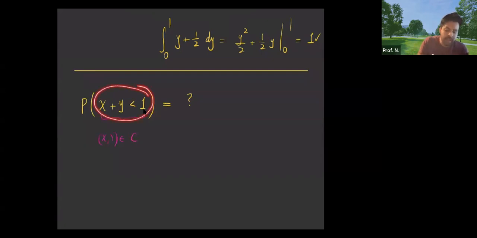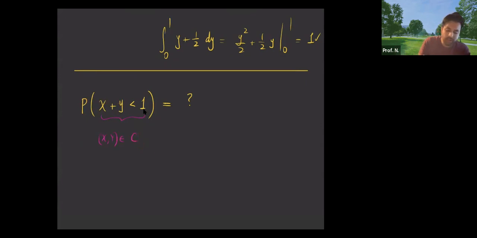We're speaking of a set that contains x and y values that when you add those x and y values together must be less than 1. So I don't know if that clarifies this little notation for belongs to C. This is just saying I want to find the probability that I have x and y values that when I add them up, they give me something less than 1.